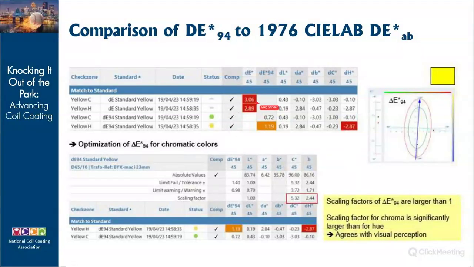So again, a little bit of an eye chart, but these two different yellow samples failing on a delta E calculation of 3.06 and 2.89. When we apply 94 to it, we have a sample over here and a sample right here inside. And the one inside is a 0.72 delta E94, and the one that's just outside is a 1.19. So what that means, these are weighted color differences.